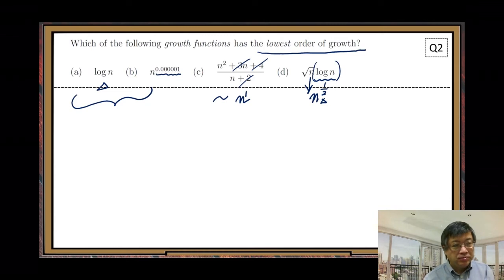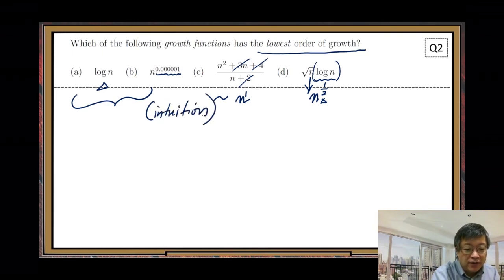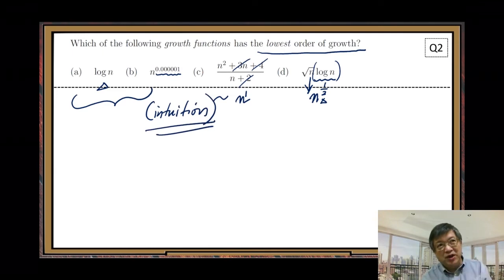Now, based on my experience, many students, when they answer this question, tend to use their intuition here. If you use your intuition, you will see this exponent number is so small.